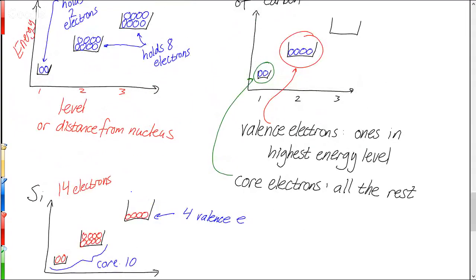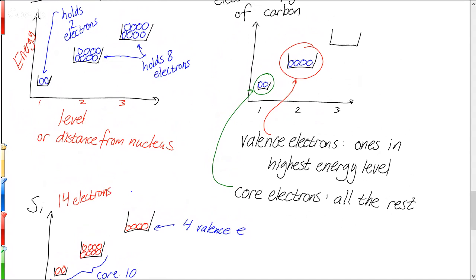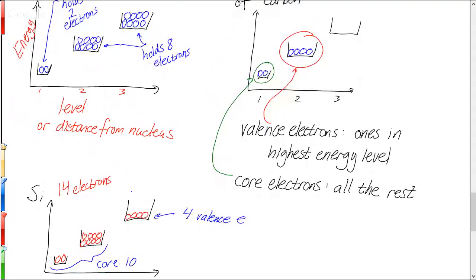Okay. Let's take a look at this and look at why it's such a good model now. So we did our electron configuration over here for carbon, and we came up with 4 valence electrons. We did a configuration for silicon, and once again came out with 4 valence electrons.